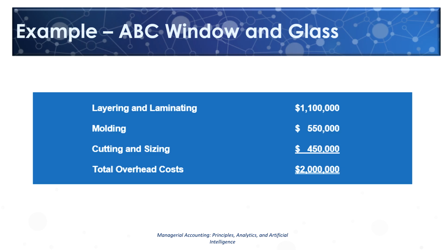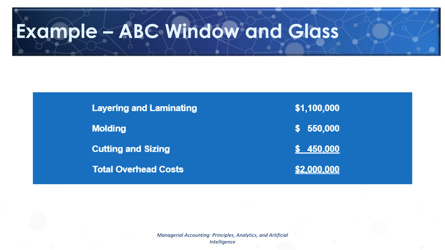Let's recall the ABC window and glass example from the previous learning objective. In the example, there were $2 million of overhead. The first step in ABC is to allocate those overhead costs out to overhead cost pools based on the activities that the company performs when manufacturing or producing product.